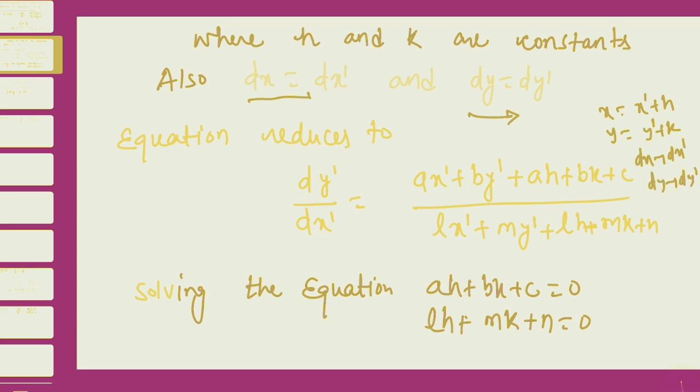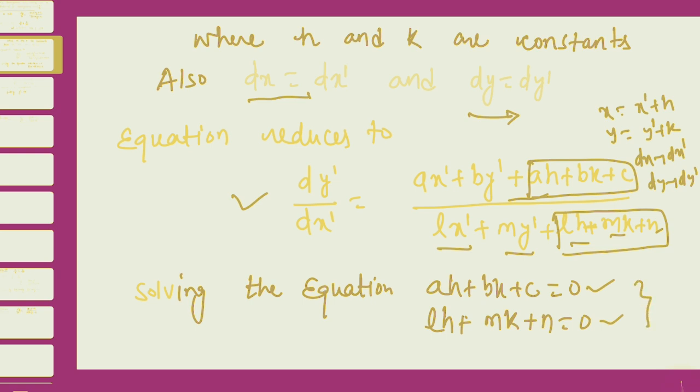So after substituting all these things, we get a new differential equation: dy'/dx' equal to (ax' plus by' plus ah plus bk plus c) divided by (lx' plus my' plus lh plus mk plus n). Okay, so now we will put these two linear expressions equal to 0 and solve these two linear equations by the substitution method or elimination method.